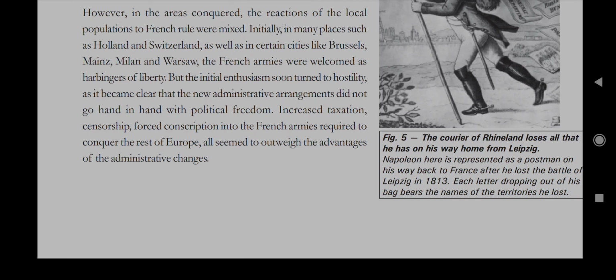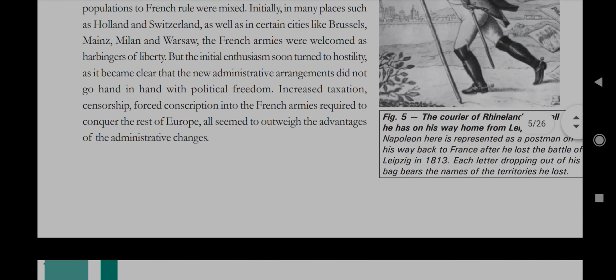But the initial enthusiasm soon turned into hostility, that is anger, as it became clear that the new administrative arrangements did not go hand in hand with liberty. Earlier, the people in the rest of Europe thought that the French army was helping them and bringing freedom for all. But this soon turned into anger and hostility. How? Due to the increased taxation.